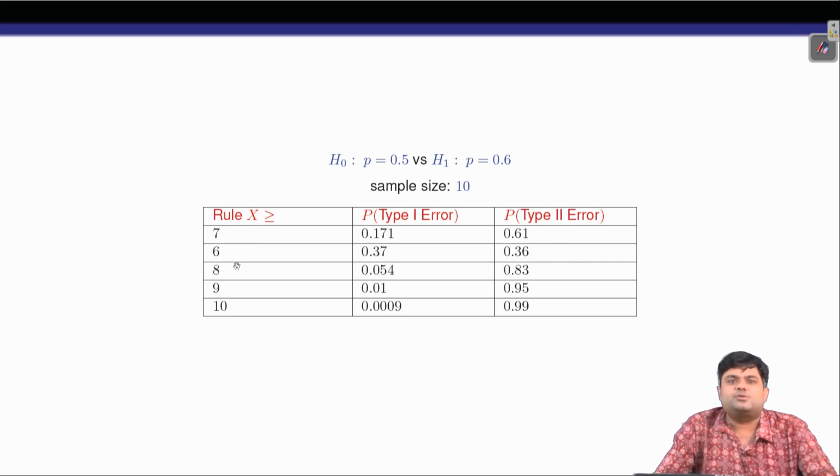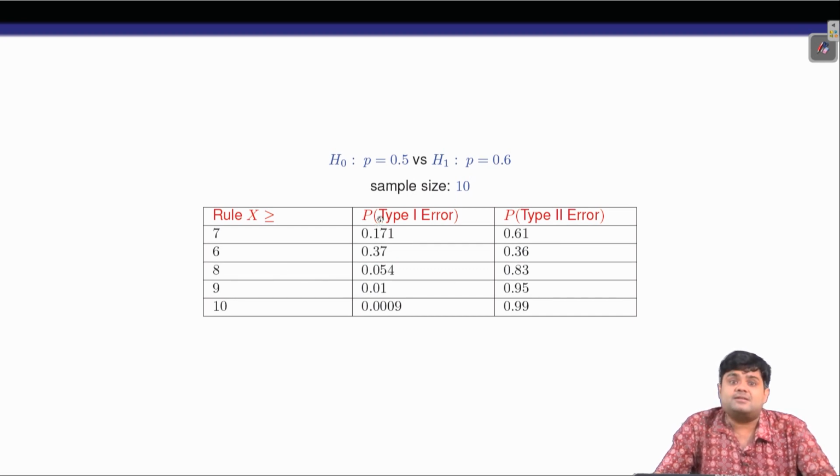For X greater than or equal to 6, type 1 error increases, type 2 error decreases. So, when X is greater than or equal to 6, you are rejecting more. You are rejecting the null hypothesis for a bigger area. Of course, if you are rejecting the null hypothesis more, the potential of type 1 error will increase, but the potential of type 2 error will also decrease.